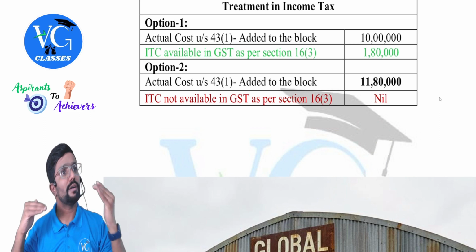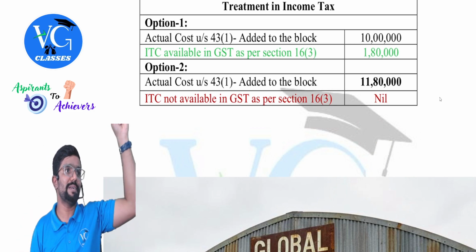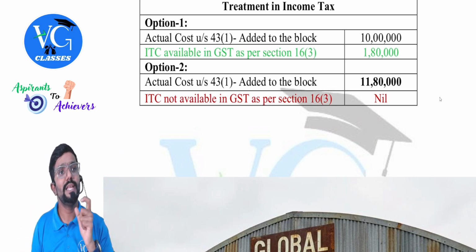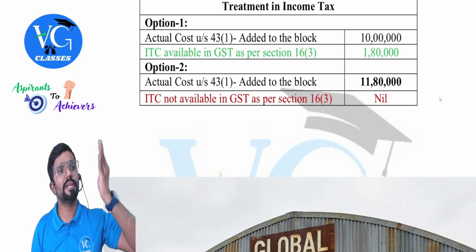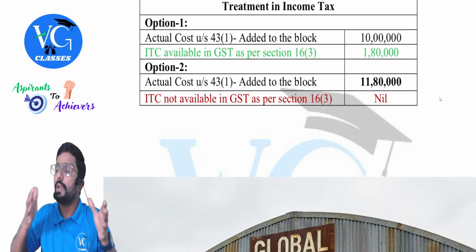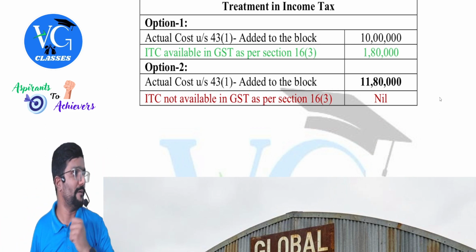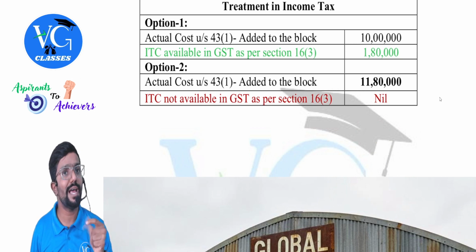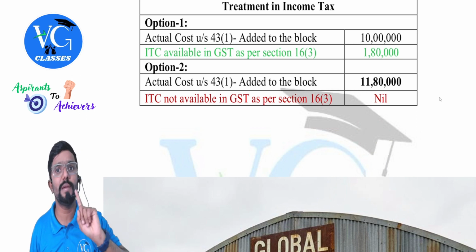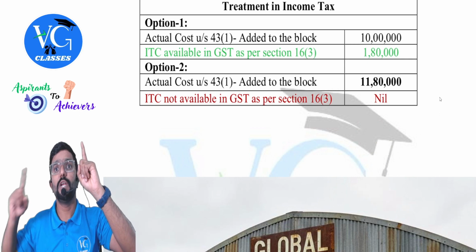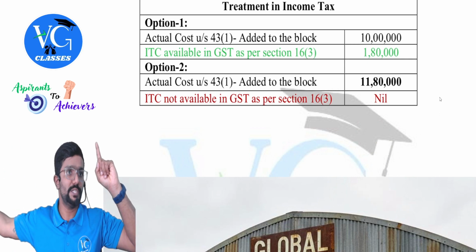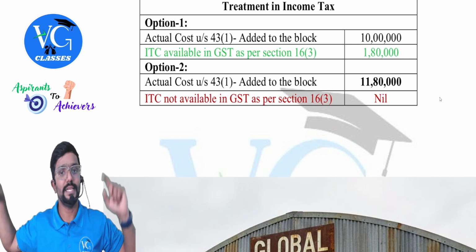As the income is lower, tax liability also will be lower in income tax. But in that case, will your tax liability come down only in 1 year or over a period of time? Over a period of time. Why, sir? Because the entire 1,80,000 is not claimed as depreciation in 1 year. It will be claimed for number of years. Clear? Yes.